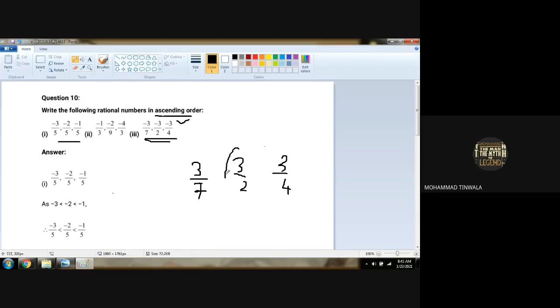We say 3 upon 2 will be the greatest fraction. Why? Because when the numerators are the same, the fraction with the smaller denominator is the greatest. Then 3 upon 4 is the second greatest and 3 upon 7 is the third greatest.